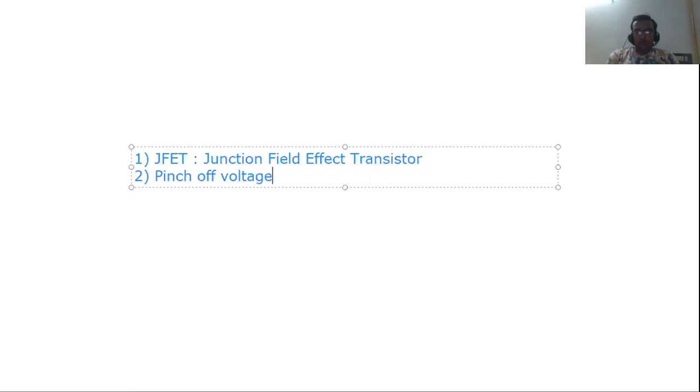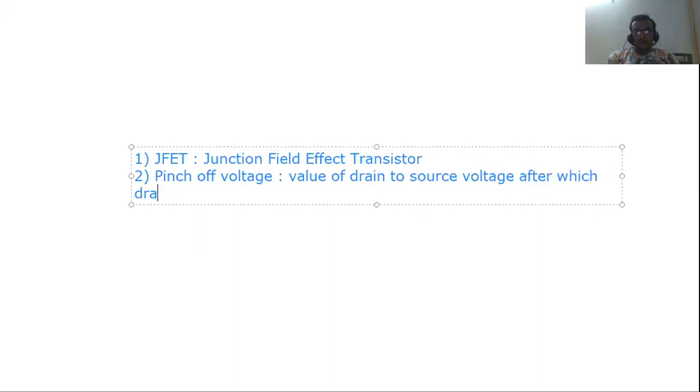Pinch-off voltage means the value of drain to source voltage after which the drain current is considered as a constant current.